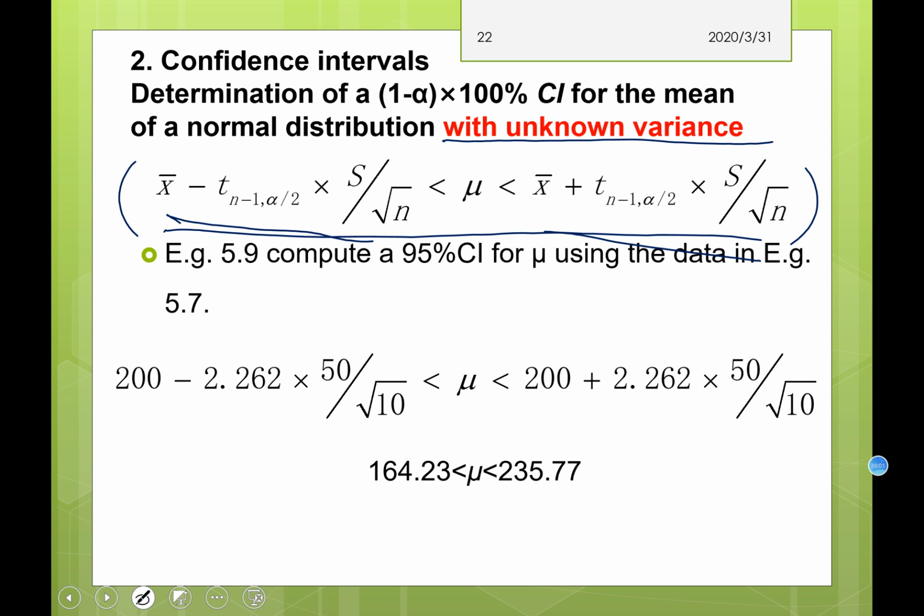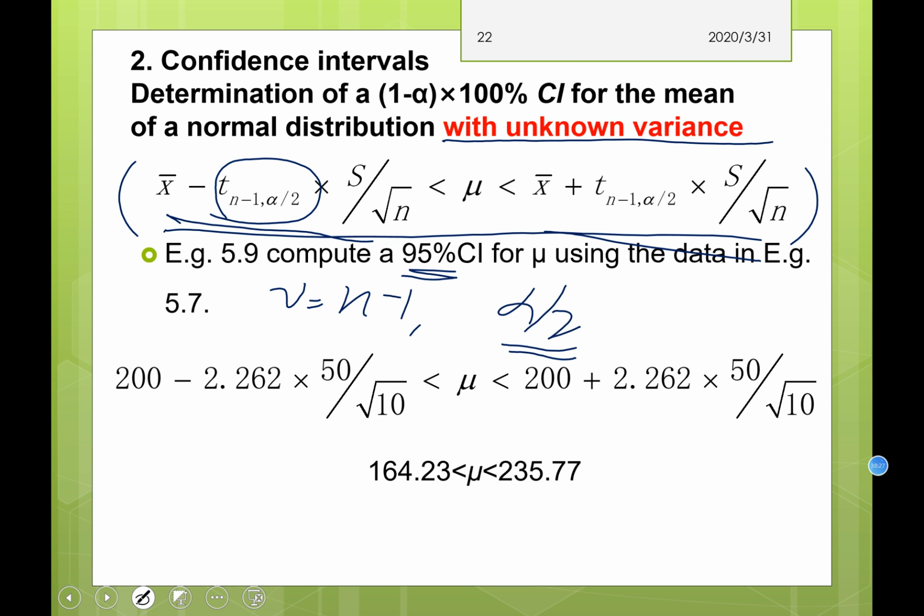So if we need to calculate the 95% confidence interval, we need to find out the t value from the table A2. And we also need two numbers. The first one is nu, n minus 1, and the second one is half alpha.